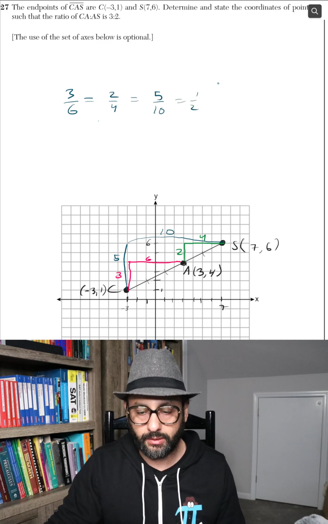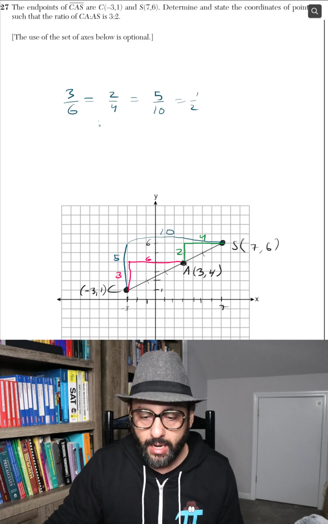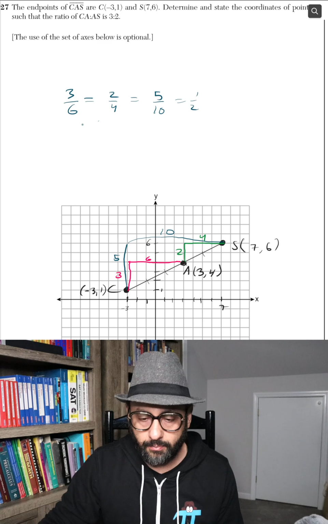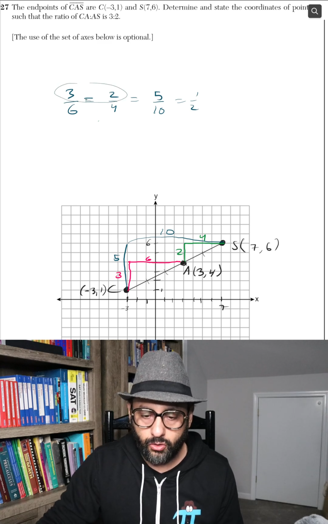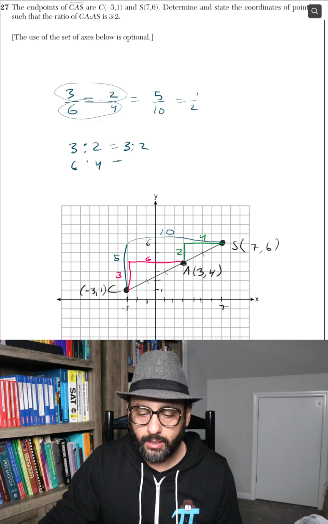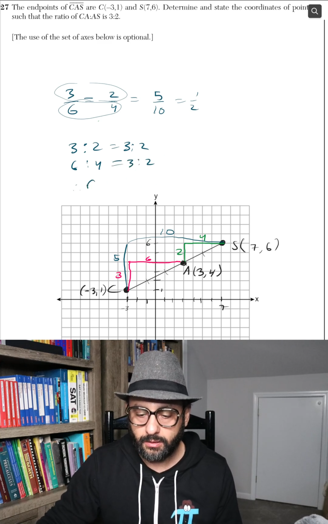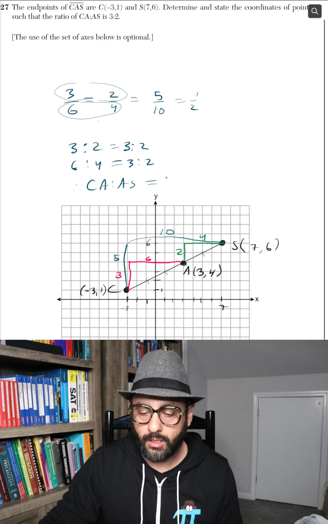They're all equal to each other. Okay? The ratios are equal to each other. That's important. But also, the numerators, 3 to 2 is equal to 3 to 2. And also 6 to 4 is equal to 3 to 2. So CA to AS is equal to 3 to 2.